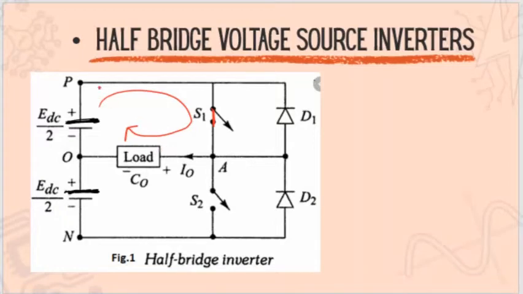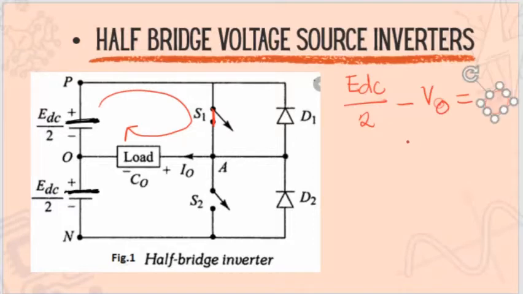Formulating the equation in this loop, entering the negative is positive EDC all over 2, positive to negative, so minus VO is equal to 0. So our VO will be equal to EDC over 2.